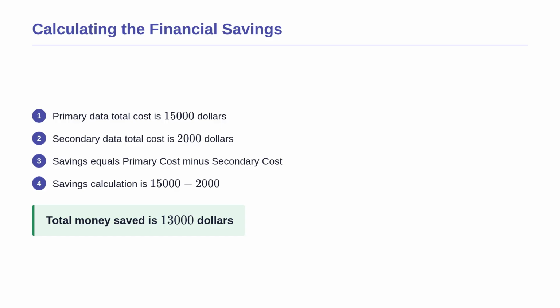By subtracting the secondary cost from the primary cost, we can calculate the exact savings. $15,000 minus $2,000 gives us an incredible $13,000 saved. This proves that while secondary data might not be perfectly customized to the researcher's exact needs, it is vastly more economical. It is a perfect choice for large-scale biostatistical analysis when you are operating on a tight budget.